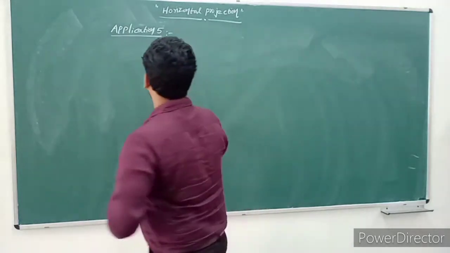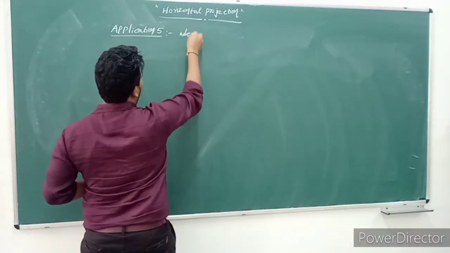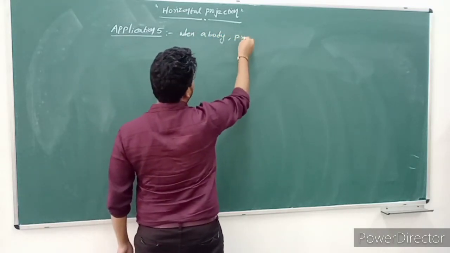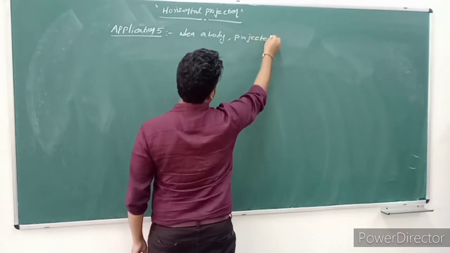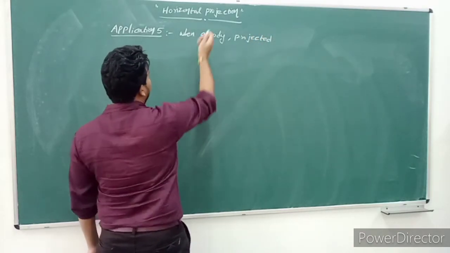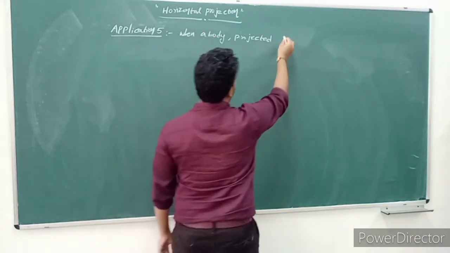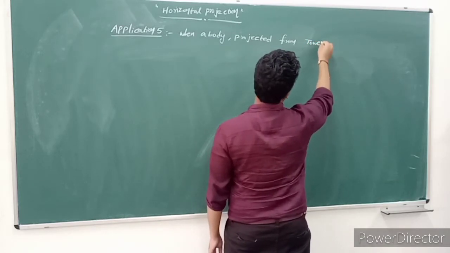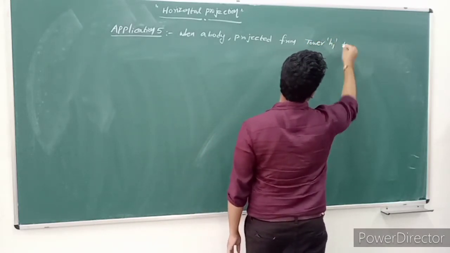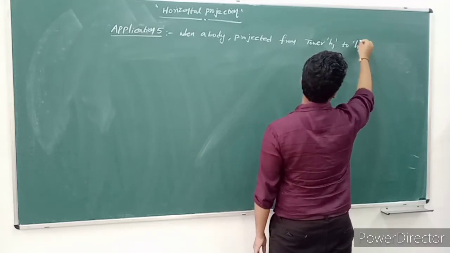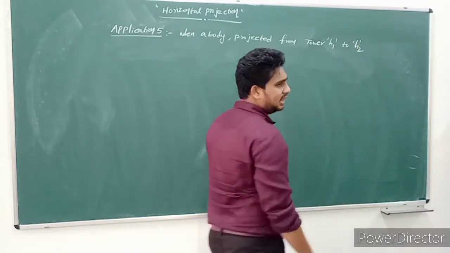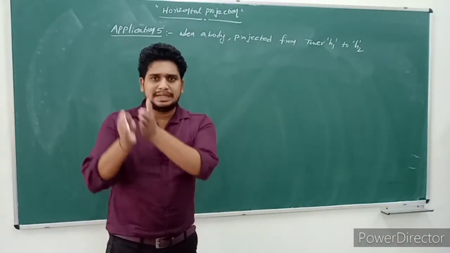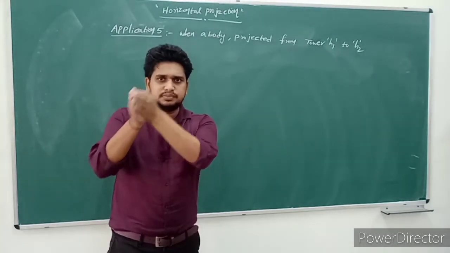So here, when a body is projected from tower H1 to H2. Here two towers are there. A body is projected from tower of height H1 to tower of height H2.